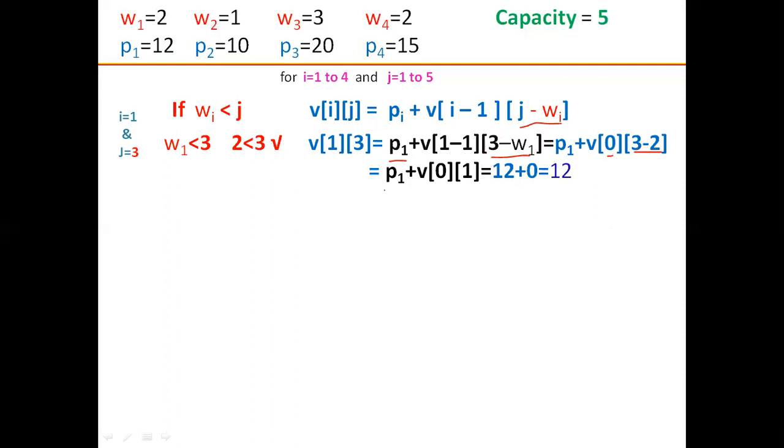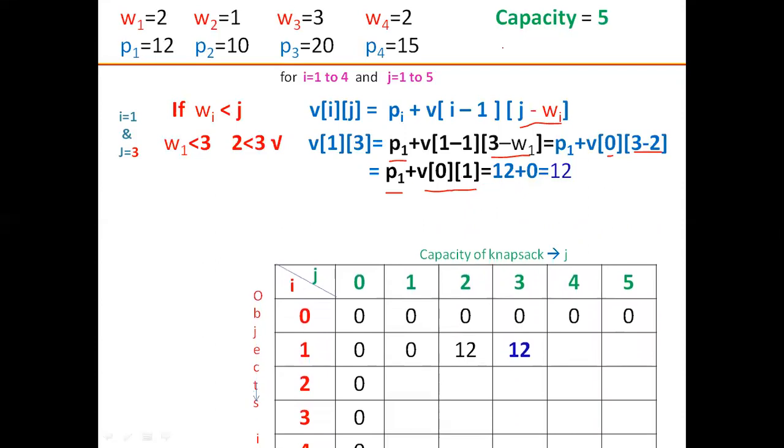My new profit is P1 plus the previous row V[i-1][j-Wi], that is V[0][1]. So here the profit is 12 plus the previous row, column number 3 minus 2, this is the column. What is the profit here? 0.